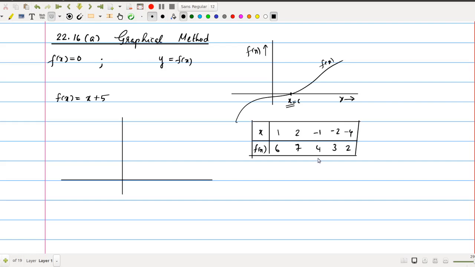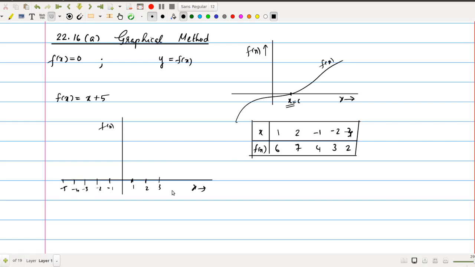Minus 1 you have 4, minus 2 you have 3, minus 3 you have 2, and so on. So using these values, you can draw the graph of this function y equal to f of x. So x in this way and y in this way, so f of x in this way. Here you mark 1, 2, 3, minus 1, minus 2, minus 3, minus 4, minus 5, and so on.